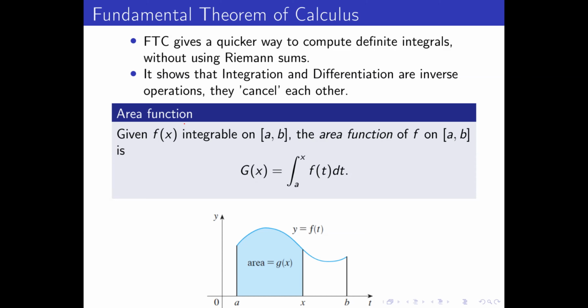You can think of this as the area under the graph of f, but only between a and x. So for each x, you get a number. If you look at all the x inside the interval, then you have a function.